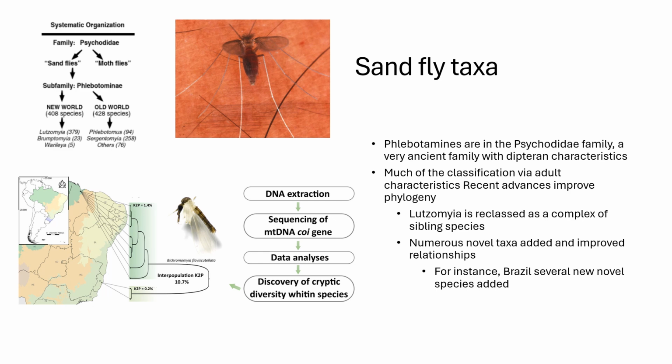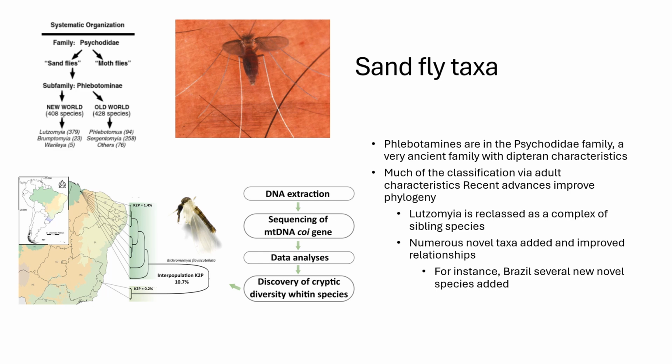So let's dive more into the taxa of the sandfly. As we had said before, phlebotomies are part of the Psychodidae family, which has two main subfamilies. These are the sandflies and the moth flies. Within the sandflies, we have our Phlebotominae.